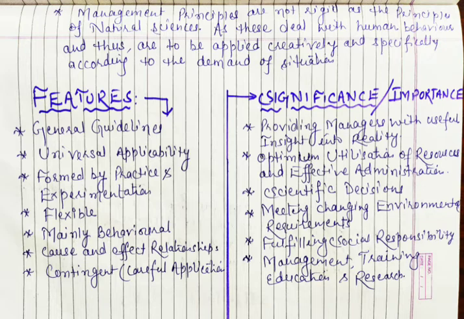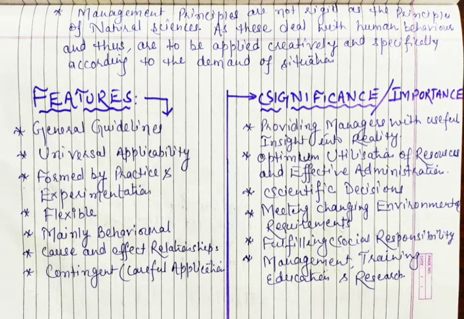Principles of management equip the managers so that they can foresee the cause and effect relationships of their decisions and action. Means if they are taking this decision, what actions they have to take, and in such a way wastage is reduced and effective administration can be done.